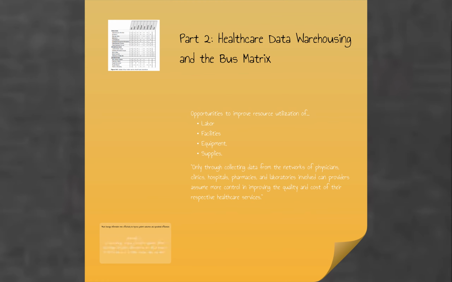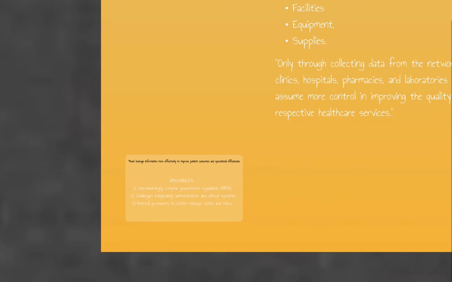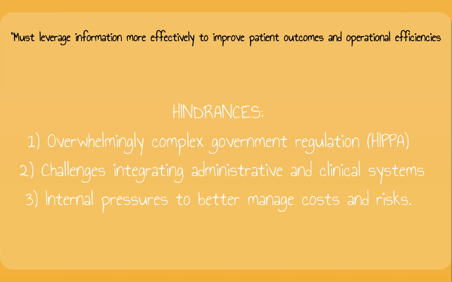As noted by Kimball and Ross in the Data Warehouse Toolkit, healthcare organizations must leverage information more effectively to improve patient outcomes and operational efficiencies. However, these organizations must concurrently also wrestle with overwhelmingly complex government regulations, such as HIPAA, challenges integrating administrative and clinical systems, and internal pressures to better manage costs and risks.